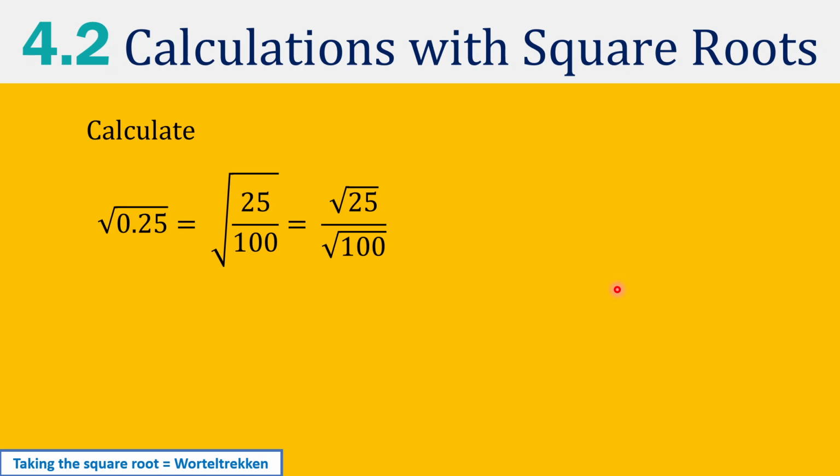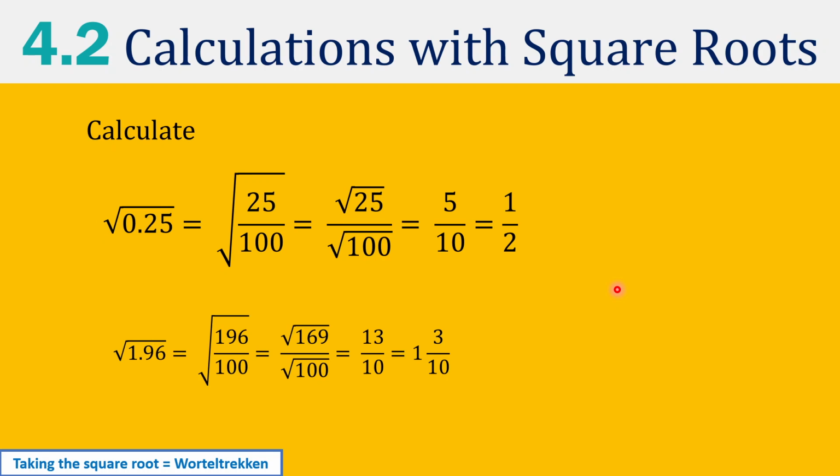Because here I can take the separate square roots, and that would give me, in this case, 5/10, or you can say a half. Here another example of 1.96. First write it as a fraction, then take the separate square roots, calculate those, and then simplify again. In this case, go back to mixed numbers.